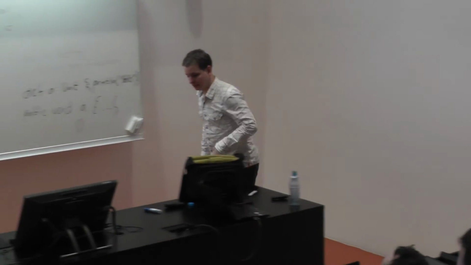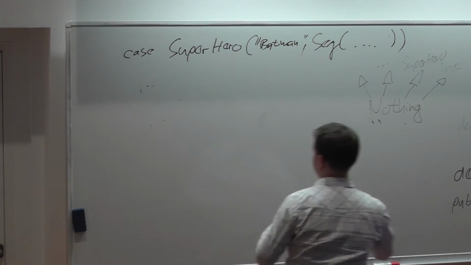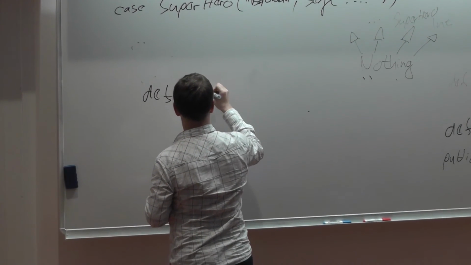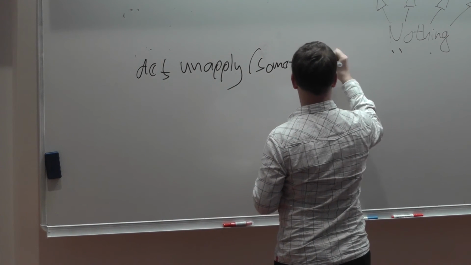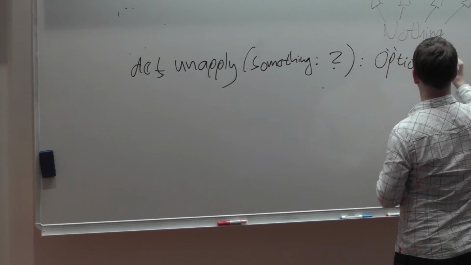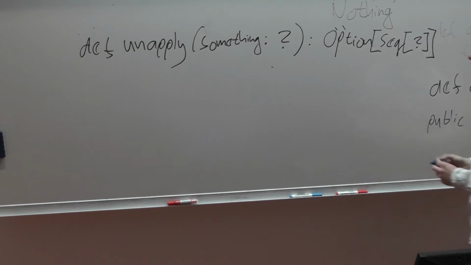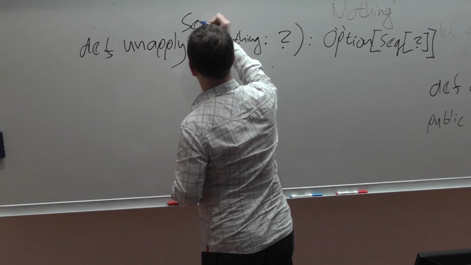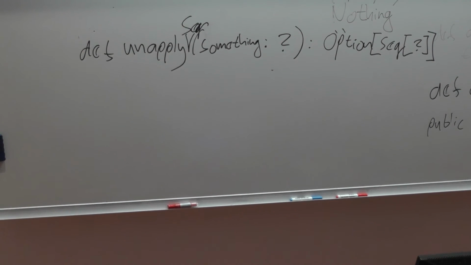Can we write it on the board? If you implement this, whenever a type has an unapplySeq method which returns an Option of a Seq of something, let's say String or Int or Any or whatever you may choose, sorry, unapplySeq, Seq has to be part of the name, you have just created a sequence pattern.